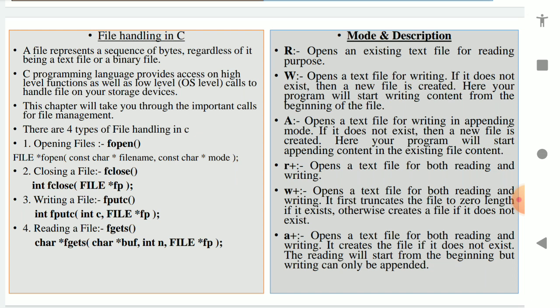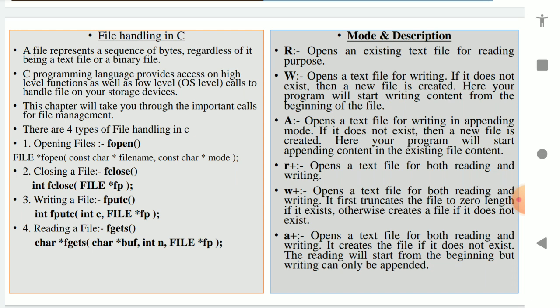Modes and descriptions of file handling. r opens an existing text file for reading purposes. w opens a text file for writing. If it does not exist, then a new file is created.